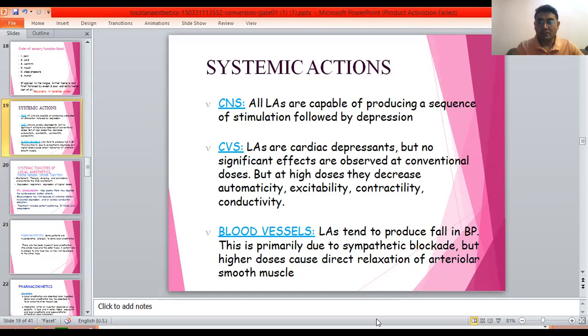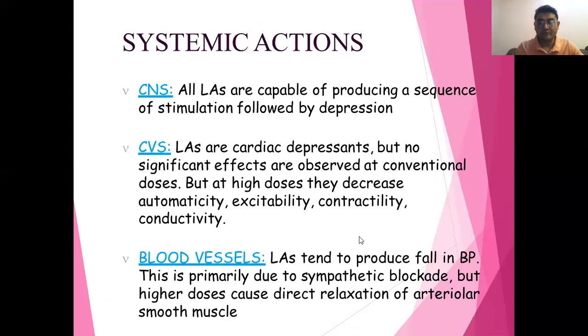So now we are talking about the systemic actions of these agents. In the CNS, all local anesthetics are capable of producing a sequence of stimulation followed by depression. We'll talk about this later, which kind of effects it produces in the central nervous system.